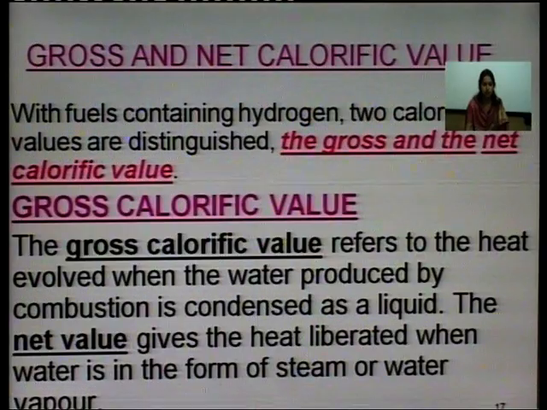The gross calorific value refers to the heat evolved when the water produced by the combustion is condensed as a liquid. The net value gives the heat liberated when the water, in the form of steam or water vapor, is allowed to escape.